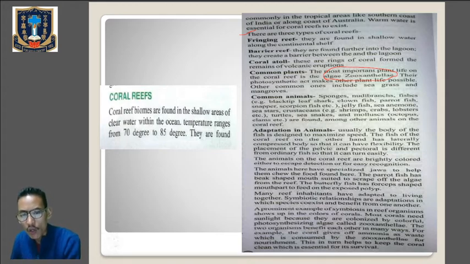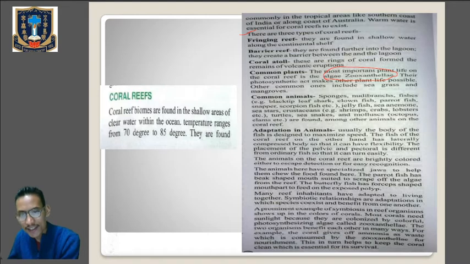For example, the coral gives off ammonia as waste, which is consumed by the zooxanthellae. That means the zooxanthellae and the corals live together in a symbiotic association where both are mutually benefited. The advantage given by the coral to the zooxanthellae is ammonia, which is consumed by the zooxanthellae for its nourishment.